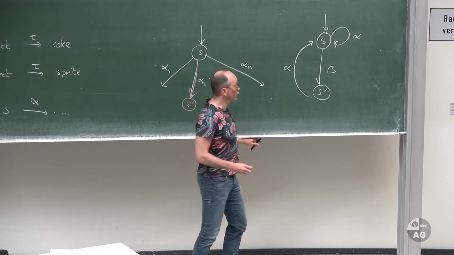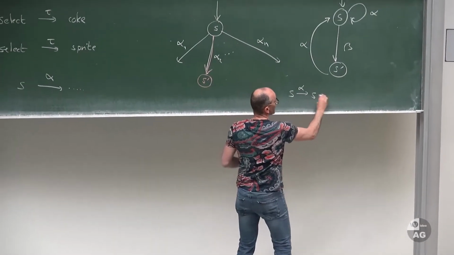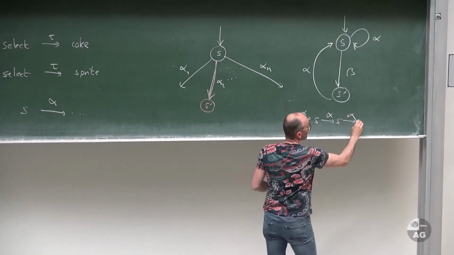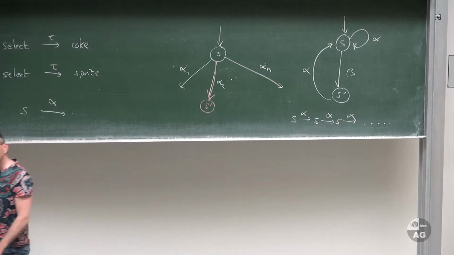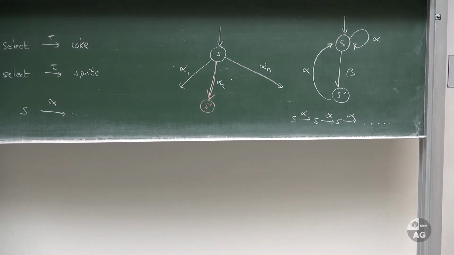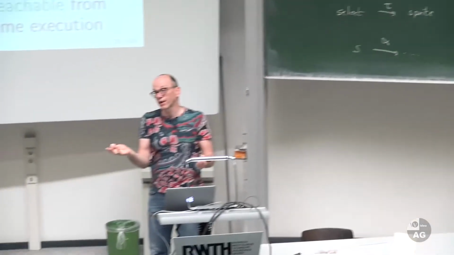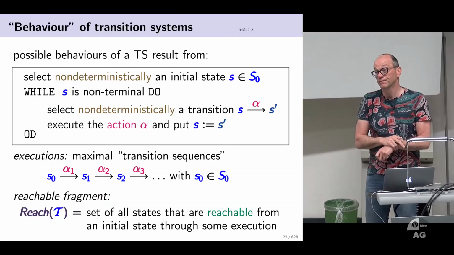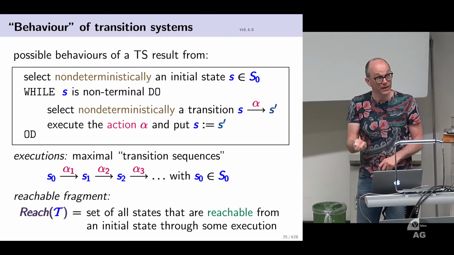Notice that a possible execution could also be something like this: we start in S, we pick alpha, and we always stay in S. This is also a possible execution. The reachability is basically a universal quantification over all possible executions. And there is another execution, namely one that moves from S to S prime by doing beta.